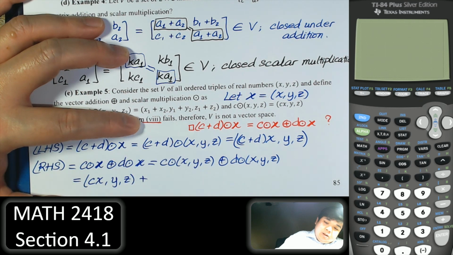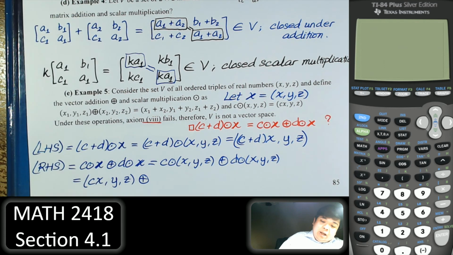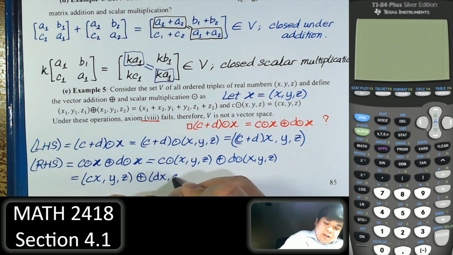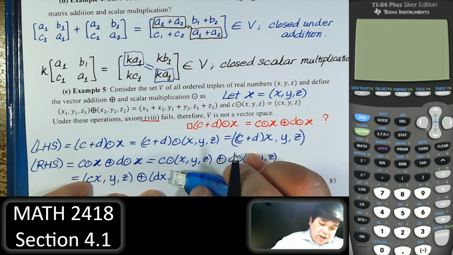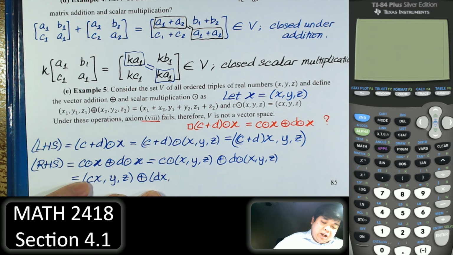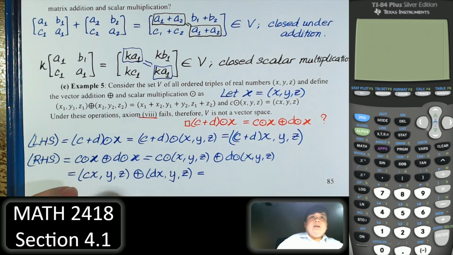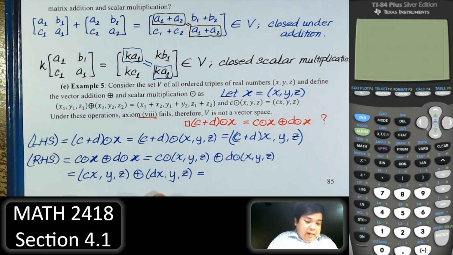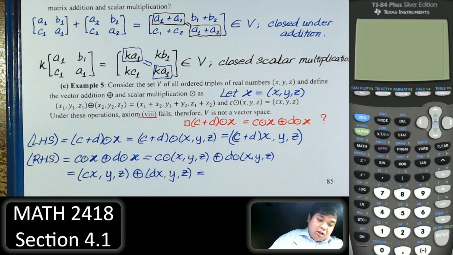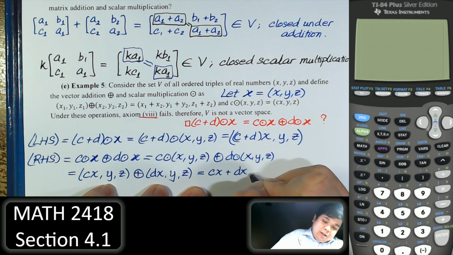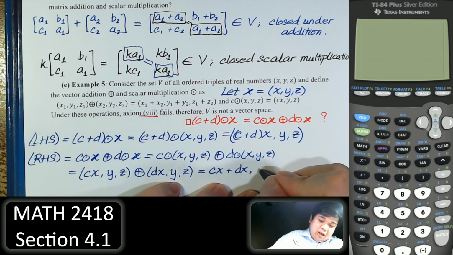Addition. And then multiply this D into it, we have dx, y and z. This special multiplication only multiplies the first component. Right. Now we add them. See, when we add them, this is just a normal addition. So we just have cx plus dx, and then y plus y, z plus z.